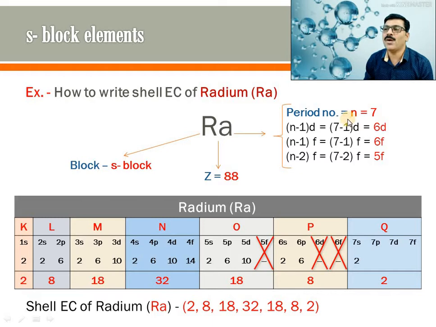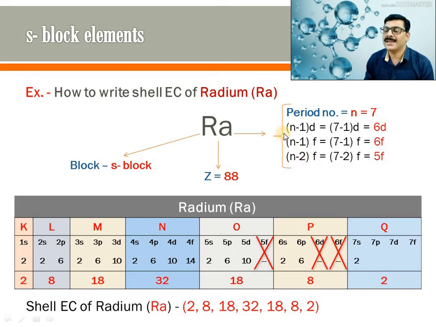Now here the value of n is 7, and we know that for writing the cell electronic configuration of an s block element you have to ignore two things: the n-1 d orbital, then the n-1 f orbital and n-2 f orbital.